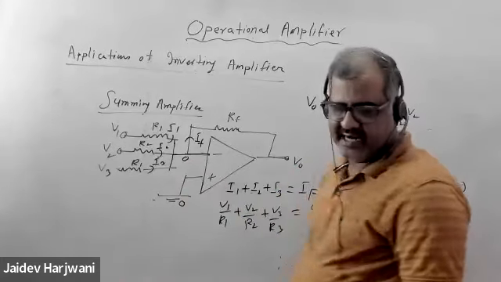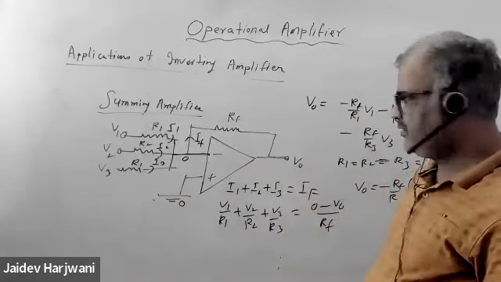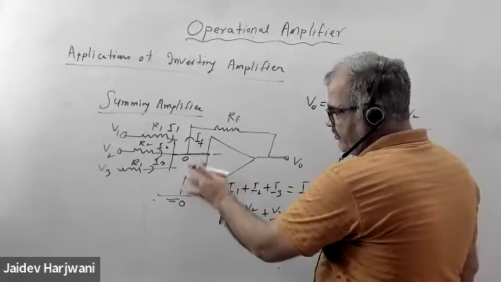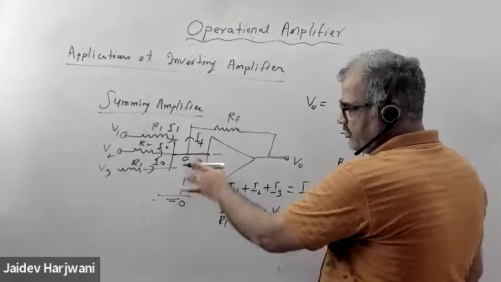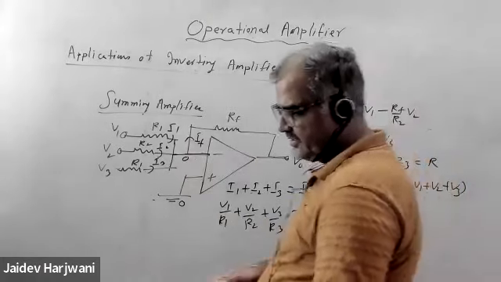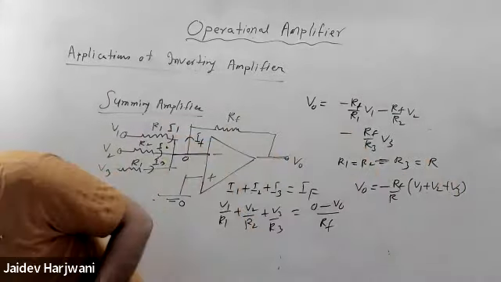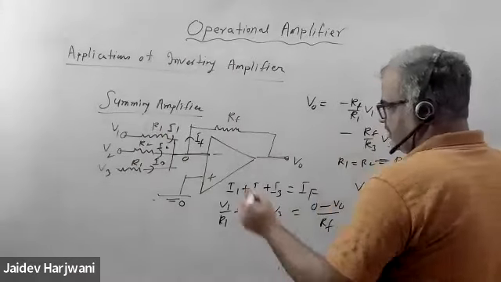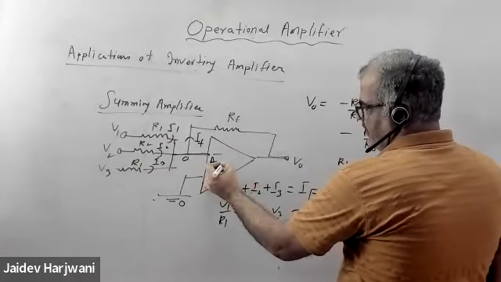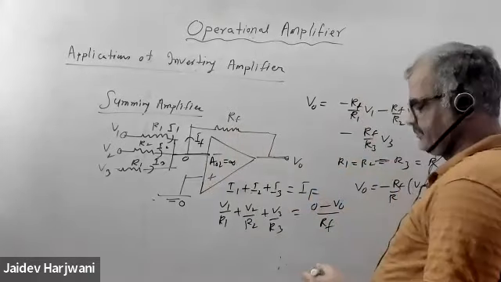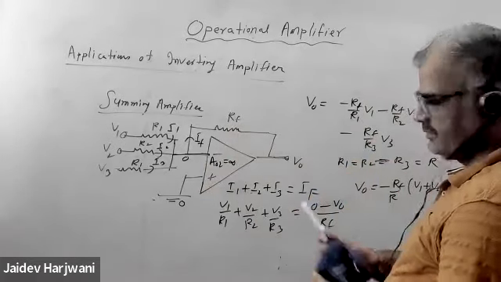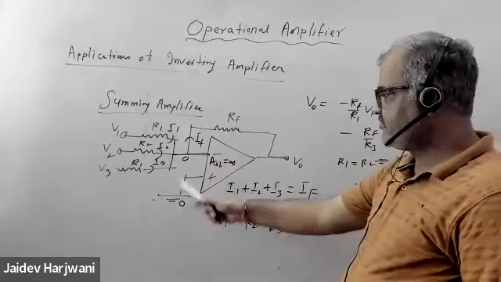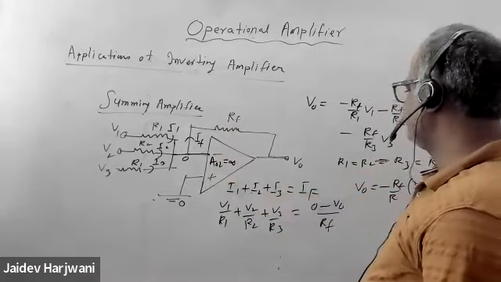The virtual ground concept applies in an ideal amplifier, so the voltage will be the same at both places. If here is 0, it automatically is 0 for the ideal case. Ideal means the open-loop gain AOL is infinite. If not infinite, then there will be some voltage difference and the two terminals will not be at the same potential.